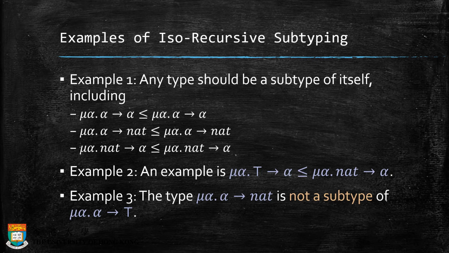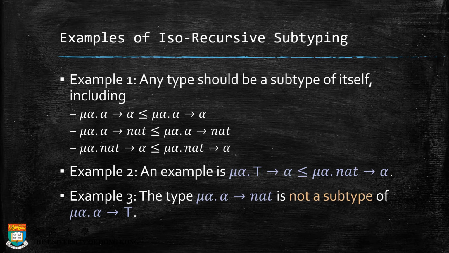The type of the input parameter of the left iso-recursive type can be any type, while the type of the input parameter of the right iso-recursive type is net type. Therefore, the type on the left-hand side is more general than the right-hand side.